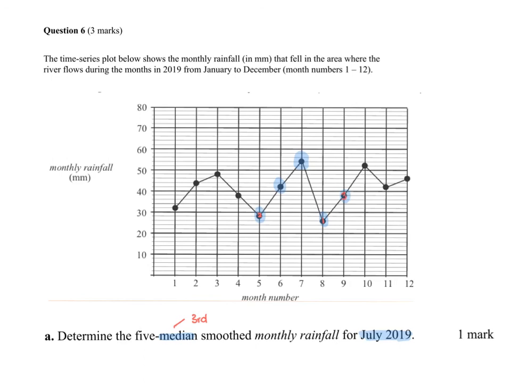So whatever this value is over here, which looks like going up 32, 4, 6, 8, so 38. So we're going to say that it's 38 millimetres, and that's how you do that.